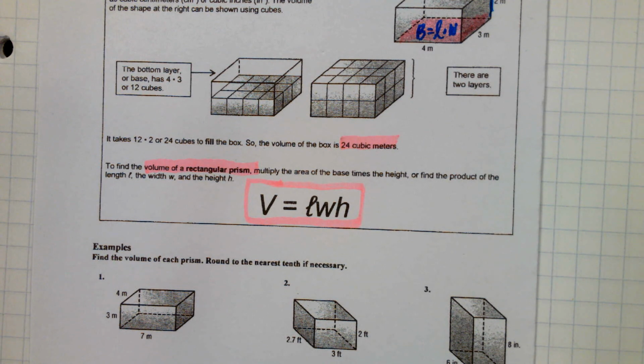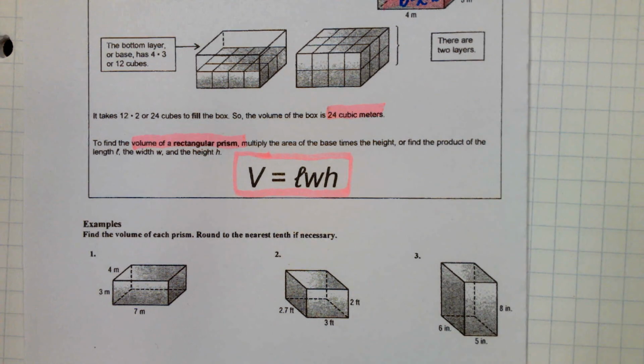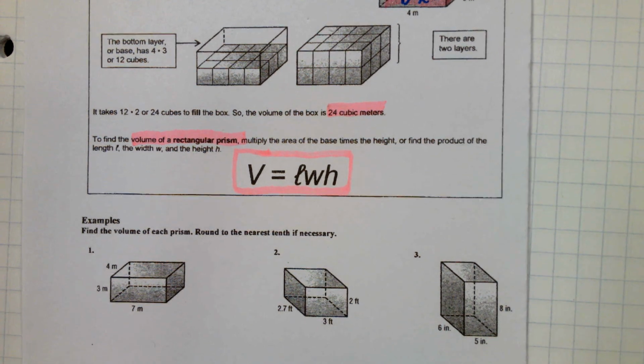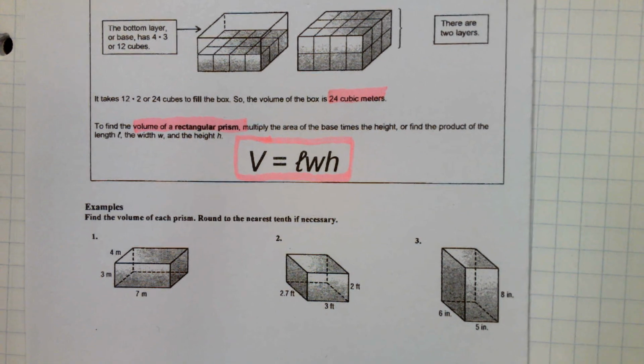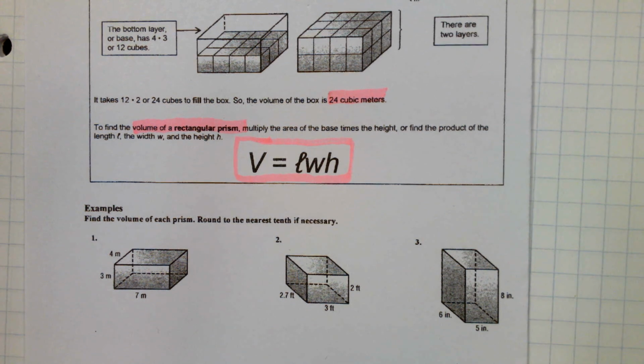So all we really have to do to find the volume is multiply the 3 measurements that we're given. Okay. So let's do that. Let's do 1, 2, and 3. We're going to find the volume of these 3 rectangular prisms. Okay? So here we go.